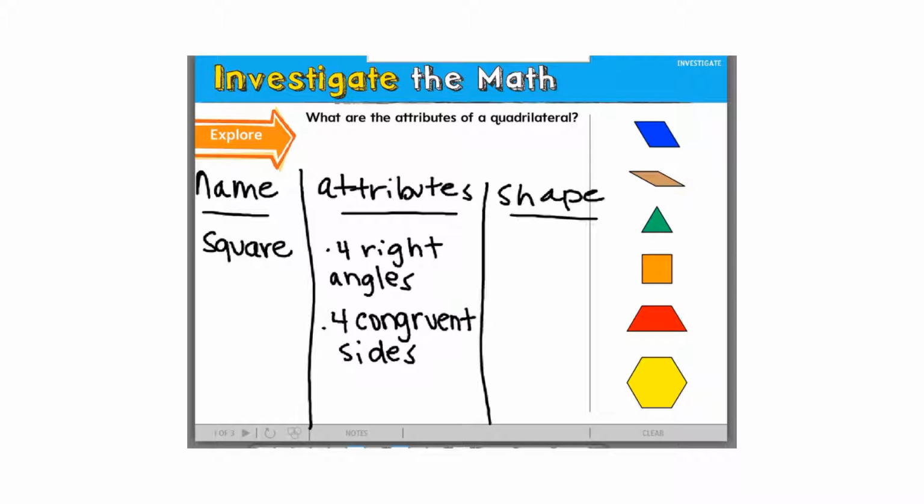So then under the shape column, you can draw yourself a square. And we're going to mark that all of these are right angles, and we're going to mark that all of these are the same length. So remember that the word congruent means it's the same length. So we have 4 right angles, and they're congruent, right, because they're all right angles. And then we have 4 sides that are all the same length.